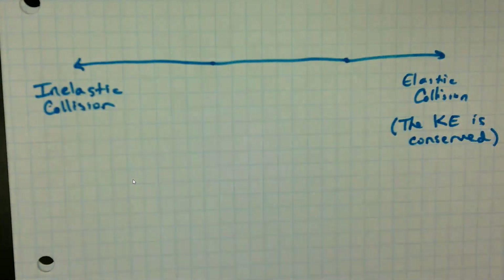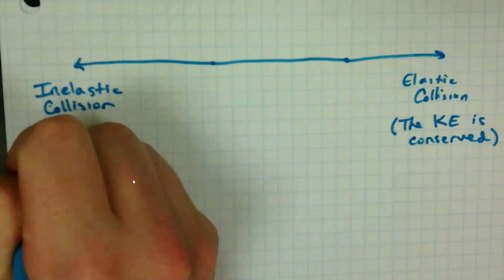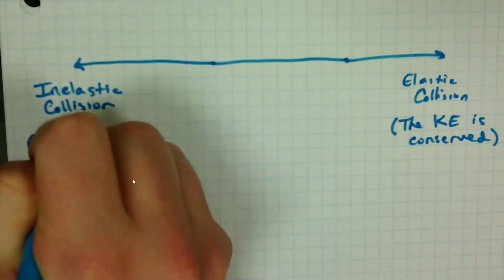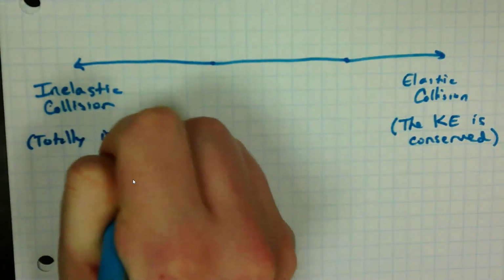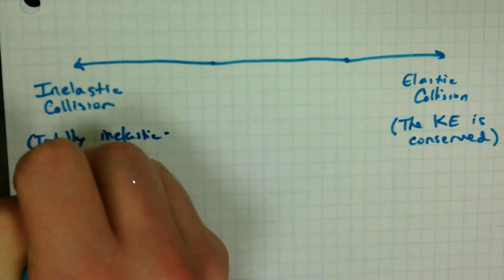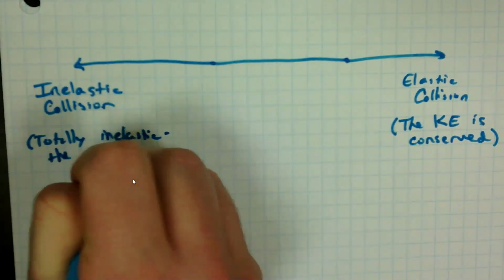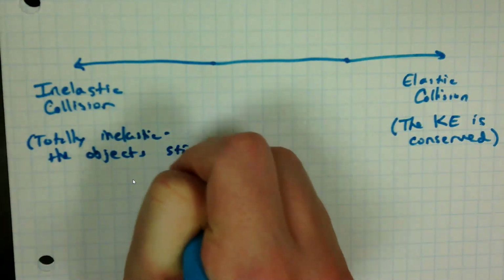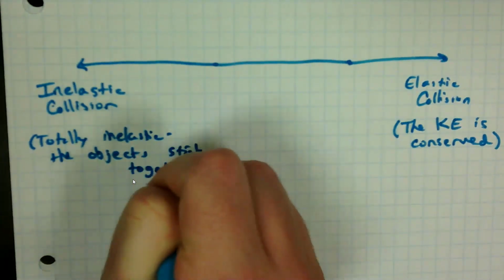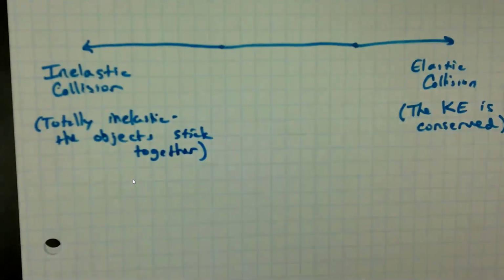But if you get a totally inelastic collision, the objects stick together. You've already actually seen, in the homework, totally inelastic collisions.